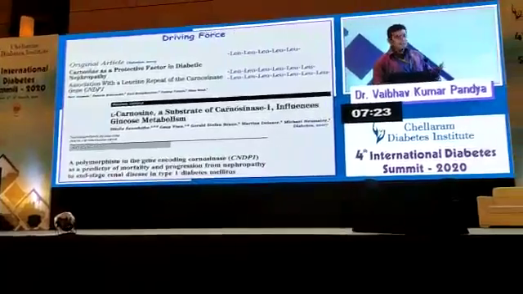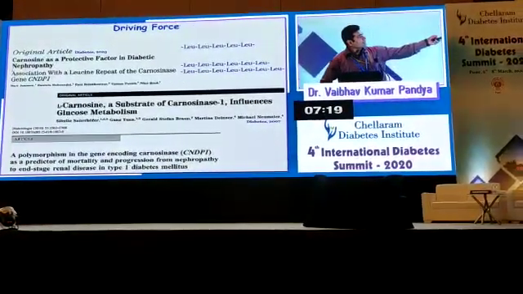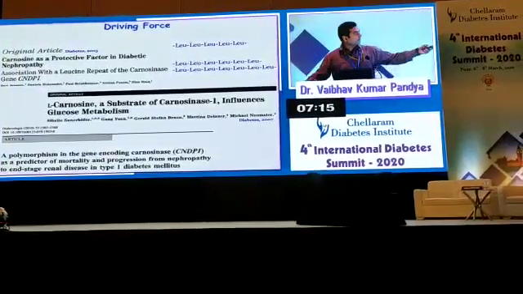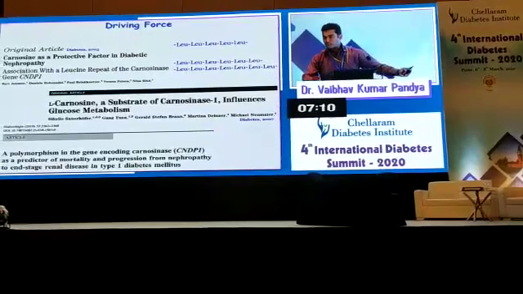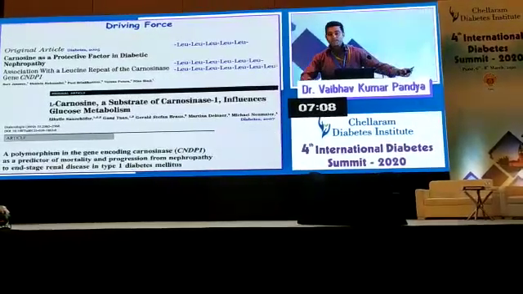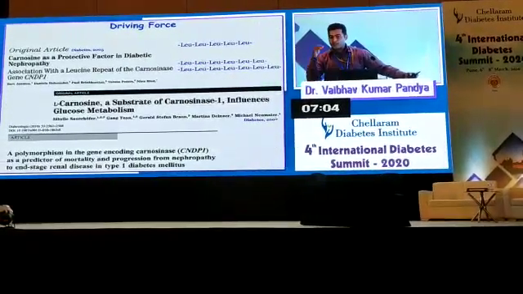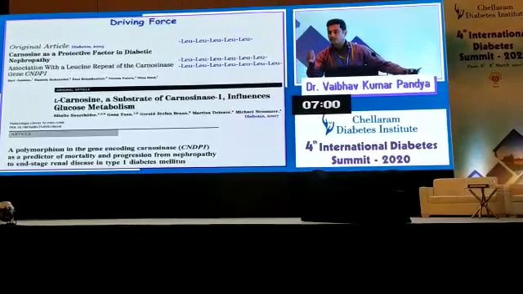They did studies on European populations, and found that in the signal peptide sequence of carnosinase, there are 5 leucines, and 6 or 7 leucine variants are also there. Those persons who have 5 leucines are resistant to diabetic nephropathy. There is less chance of diabetic nephropathy. But if they have 6 or 7 leucine repeats, they are susceptible to diabetic nephropathy.